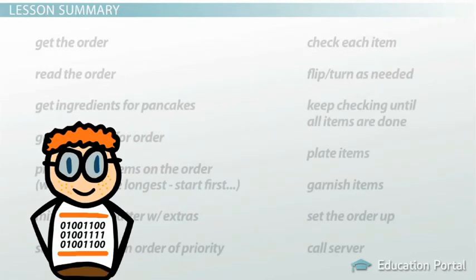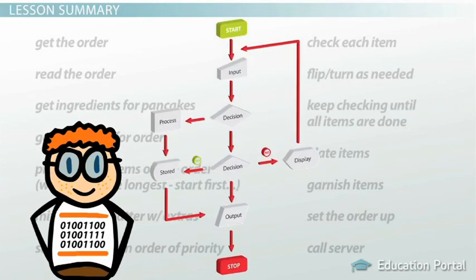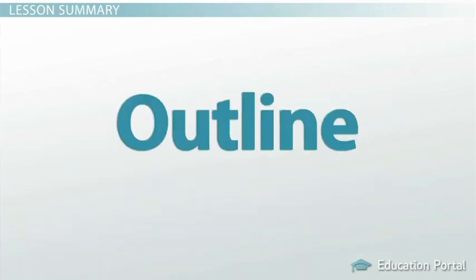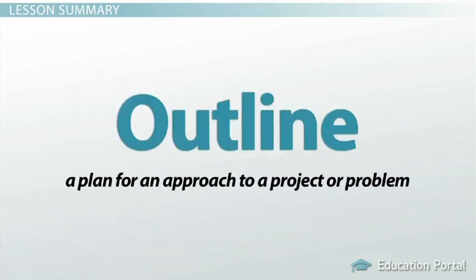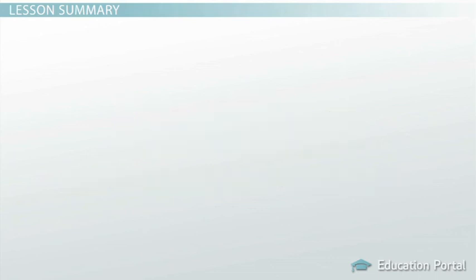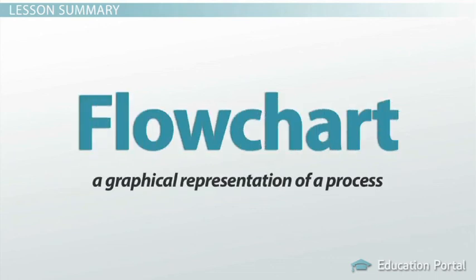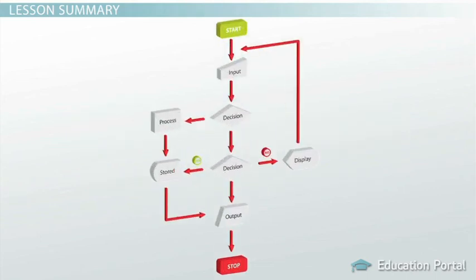Programmers can use outlines or flowcharts to map out how their program is going to flow. An outline is a plan for an approach to a project or problem. A flowchart is a graphical representation of a process. It can be used instead of an outline or based on an outline that has been created first.